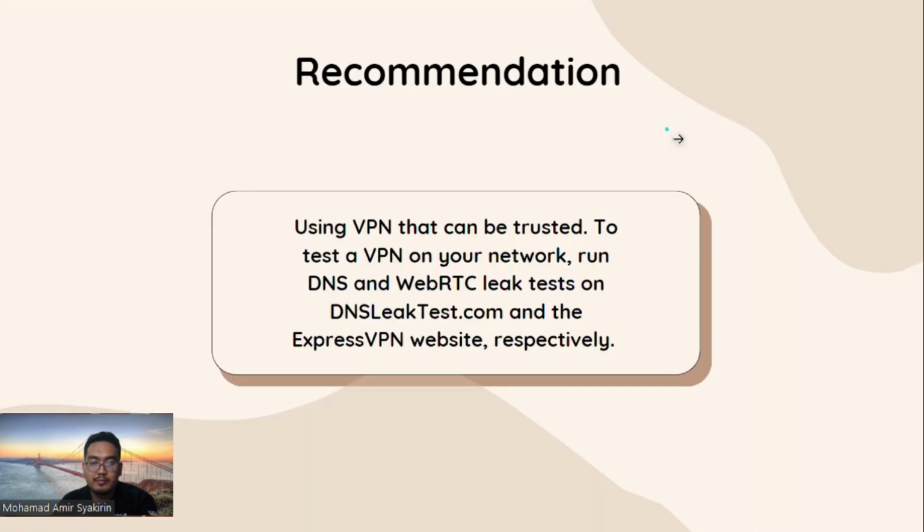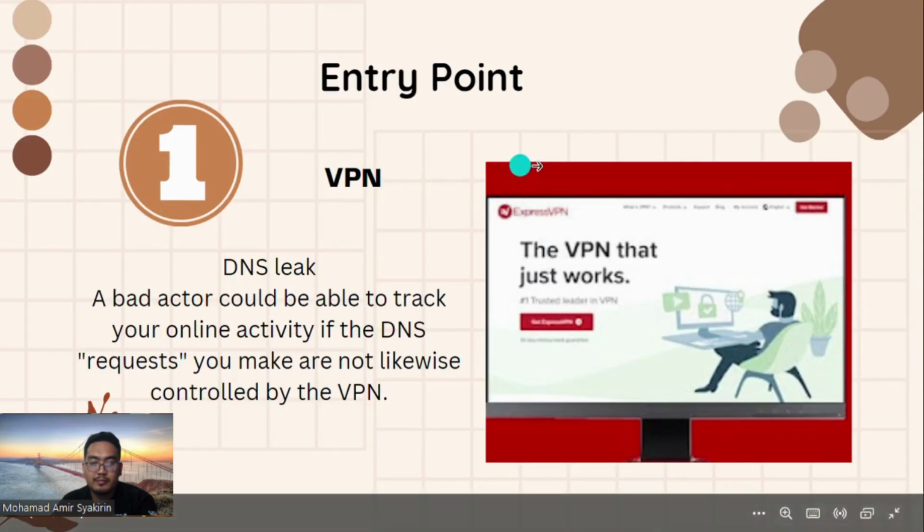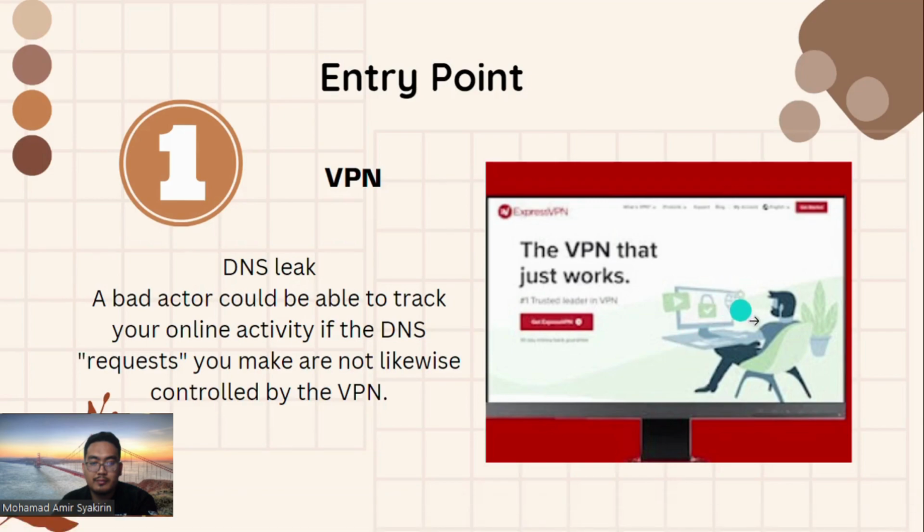Next, the recommendation to solve the vulnerability is to use a VPN that can be trusted. As we can see in the previous slide, this picture is Express VPN. It can be trusted because it is known to be the first one in the world.